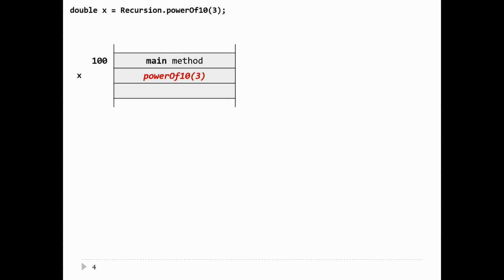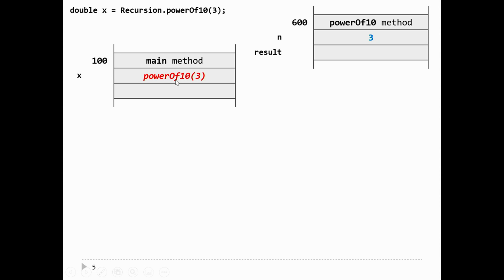But this is what happens when you call that recursive method with the value of n equals 3. When you call a method in Java, or C, or Python, some memory gets allocated for the method to run in. So when I call power of 10 with 3, the method starts running somewhere in memory.